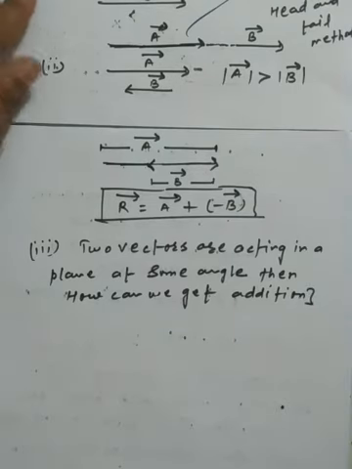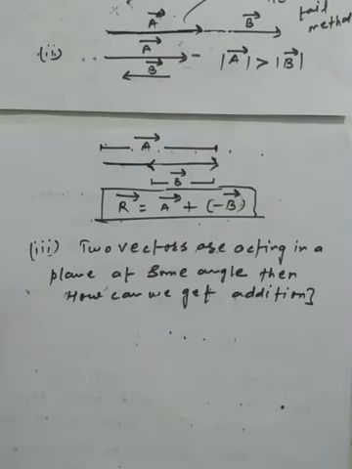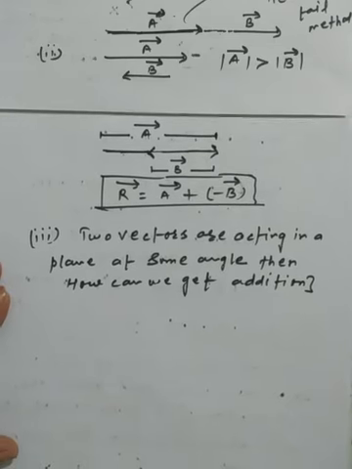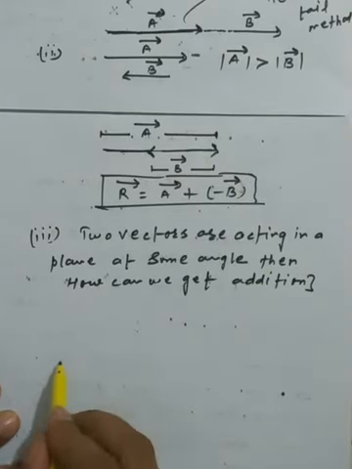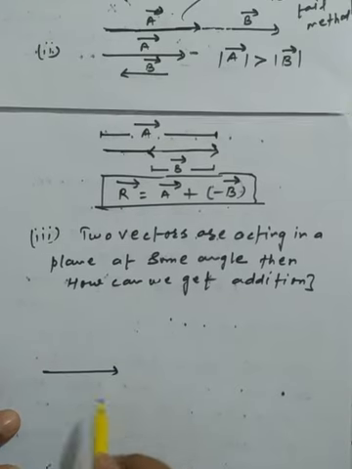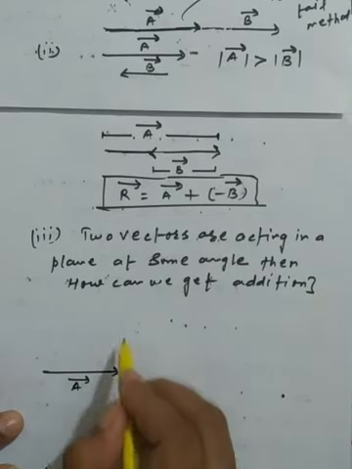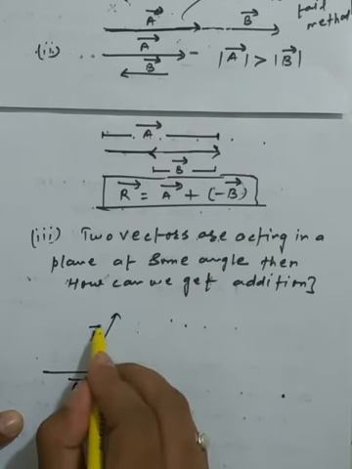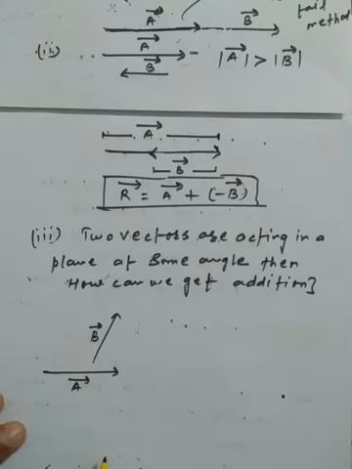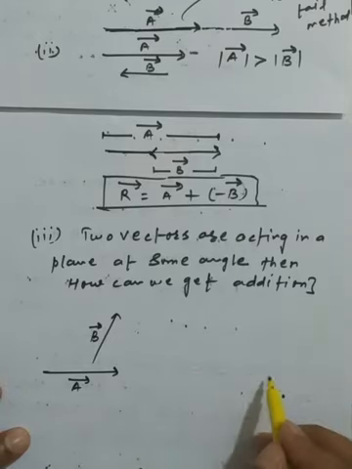Whenever we are dealing with two vectors, we will try to arrange them on a particular geometrical shape. Okay, so suppose two vectors, vector a we have, and this is another vector we have, called vector b, and we know that both are acting in a plane, and we can arrange them on a particular geometrical shape. So I am taking the geometrical shape, that is a triangle.